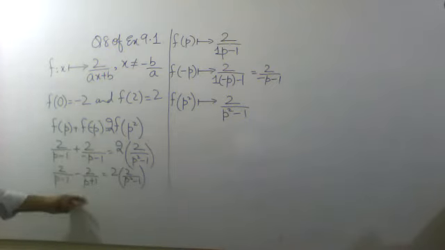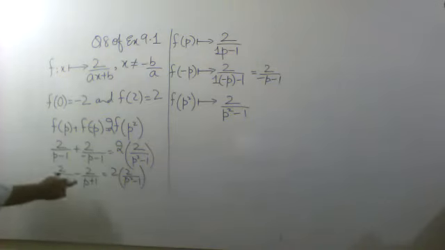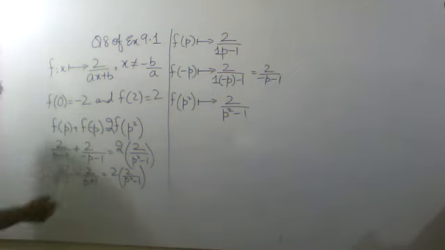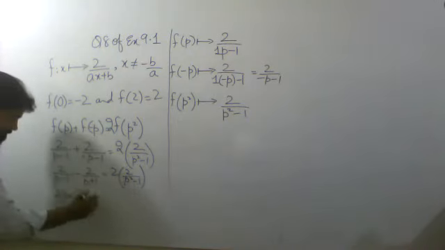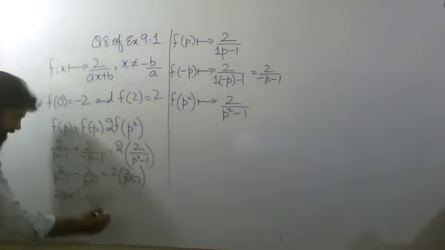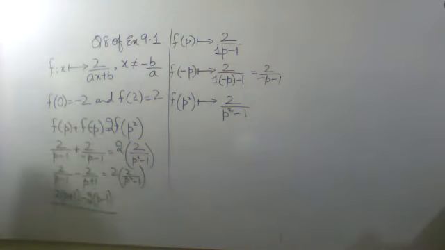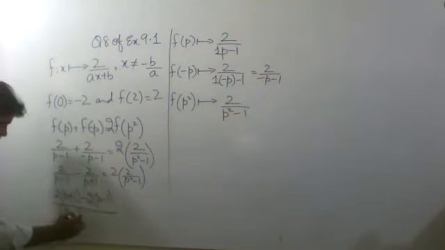Now, when I take LCM, this is p minus 1 and this is p plus 1. So what will happen? This will be multiplied over here. 2 into p plus 1 minus 2 into p minus 1 upon p minus 1 into p plus 1.